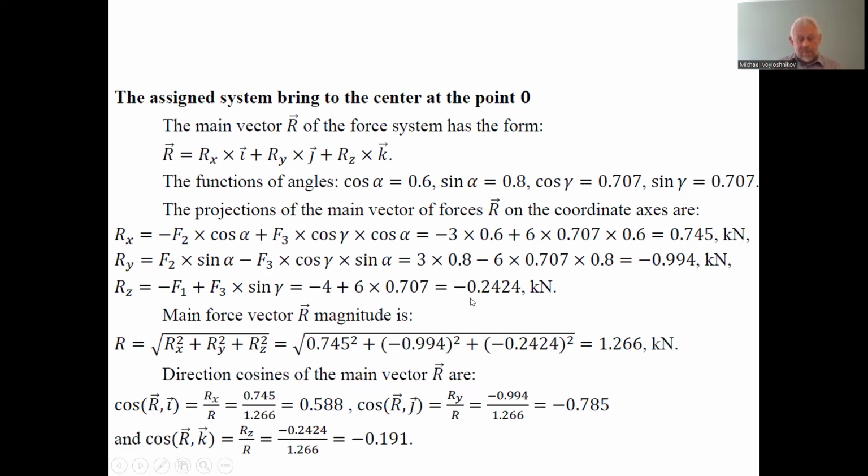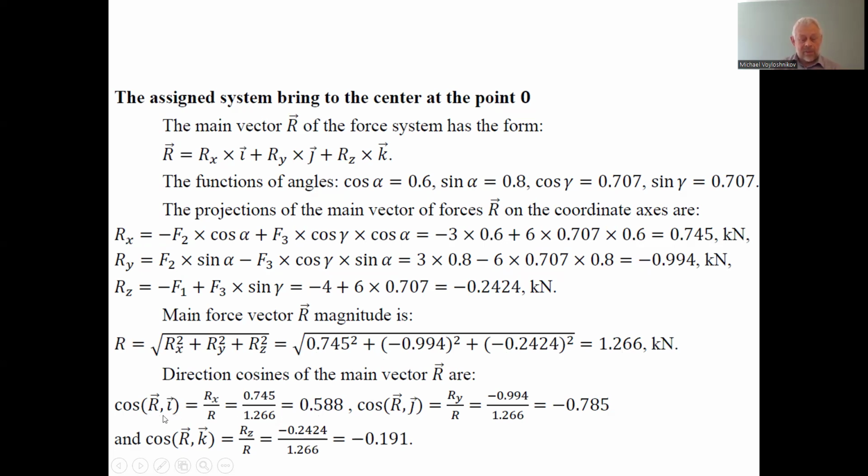So finding the forces, the main force vector magnitude is the square root of the sum of these three found projections, each squared. And we can find that the magnitude of the main vector is 1.266. After that, we have to find the direction cosines of the main vector. They are the projection on each of the axes to the magnitude of the resultant force.